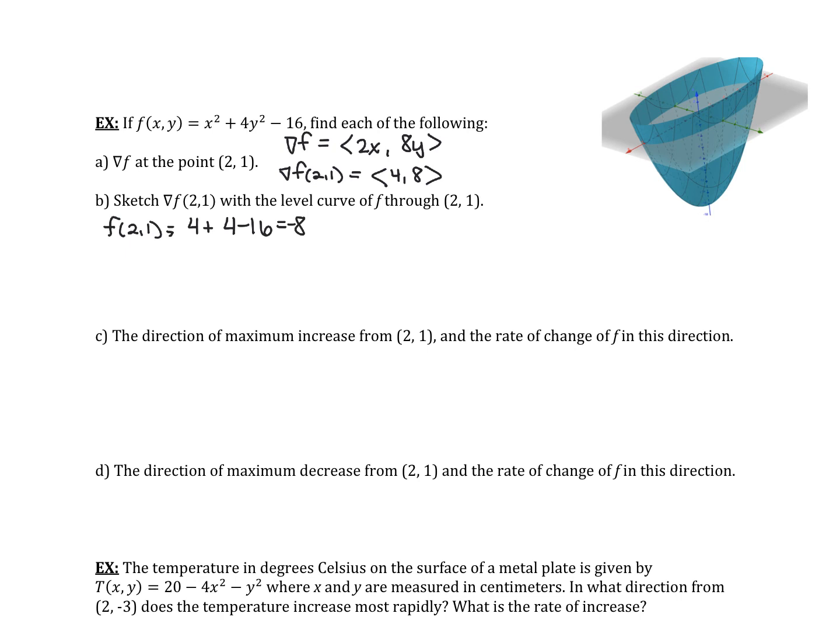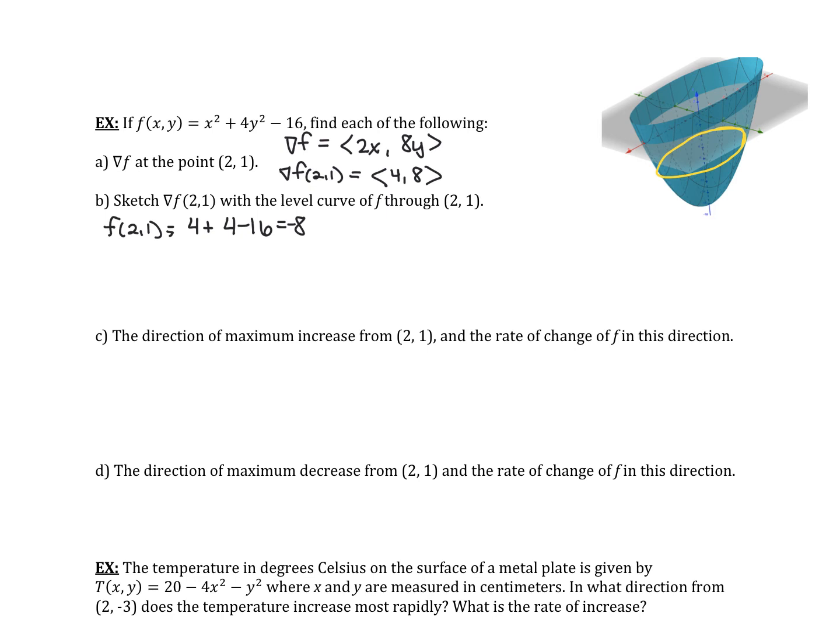So I'm sketching a level curve in here. Let's see if yellow shows up on here. That's at the value of negative 8. So we have some curve that falls in here, where the z value is negative 8. So that's our level curve.